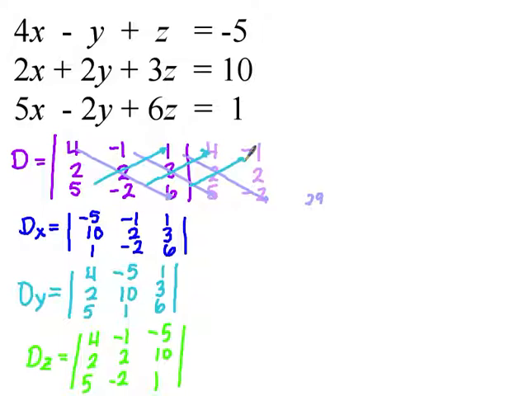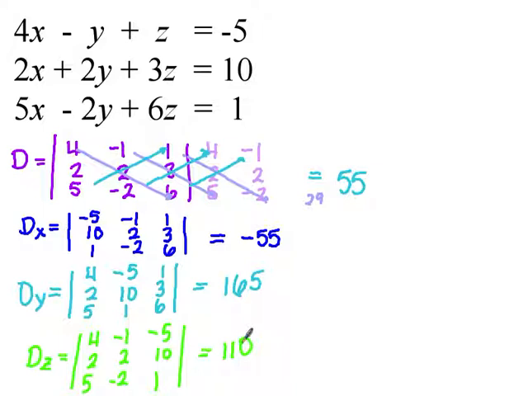Okay, so D, what did we get? 55. Okay, Dx, what did we get? Negative 55. Dy, what did we get? 165. Good job. And Dz, what'd you get? 110.